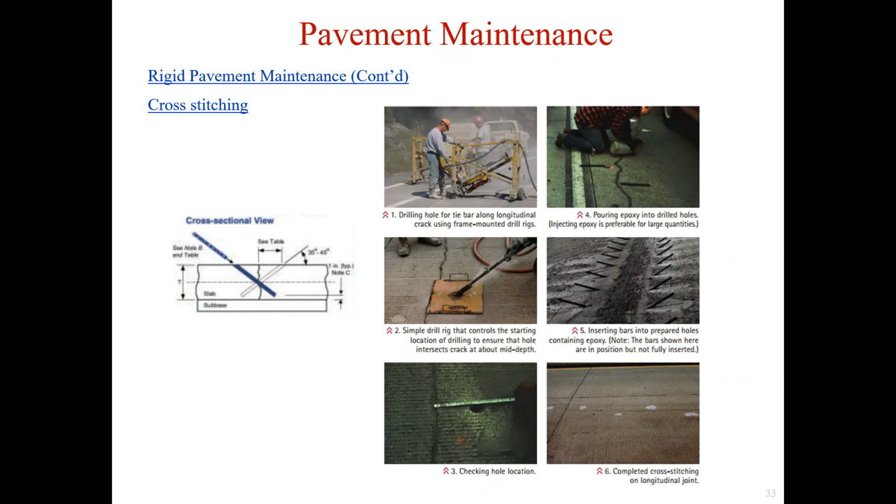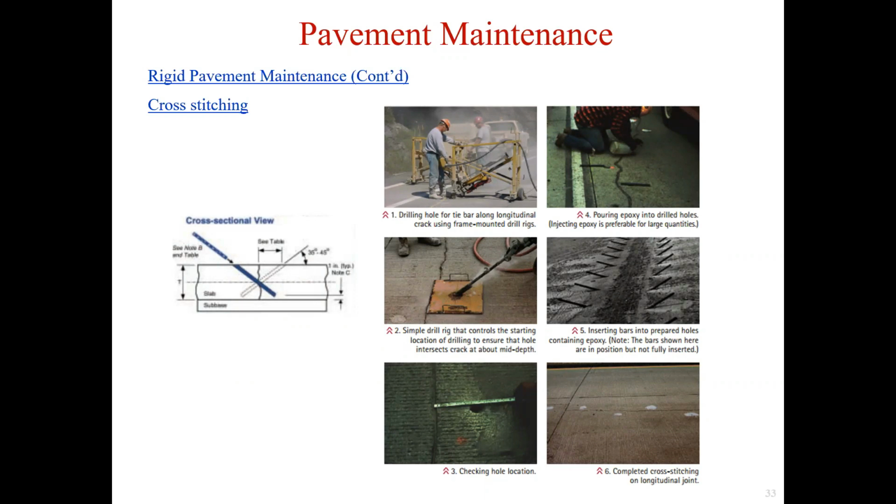It involves drilling a 30-degree angle hole from one side of the crack to the other. Drilling dust is removed by compressed air, and a nominal 300 mm to 400 mm length of reinforcing bar is inserted so that it is at least 25 mm below the surface of the pavement.